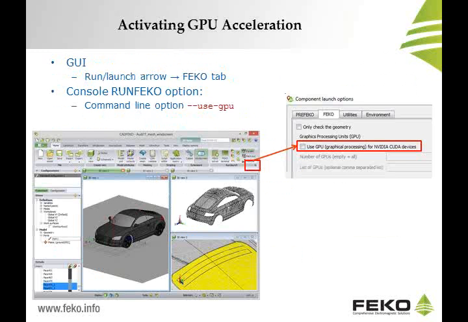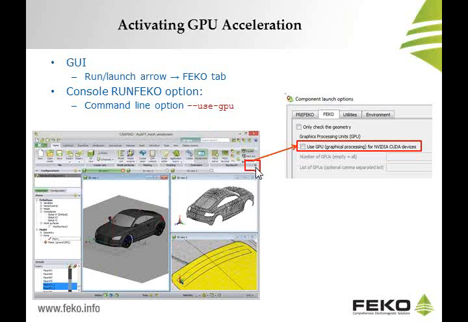The activation is again very simple, very straightforward. In our user interface, it's a bit small here, in the Run Launch panel, there's a very small arrow in the corner.